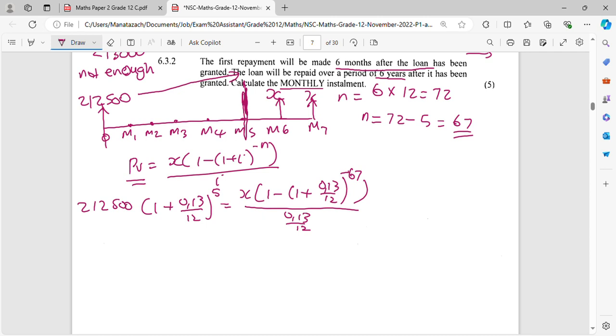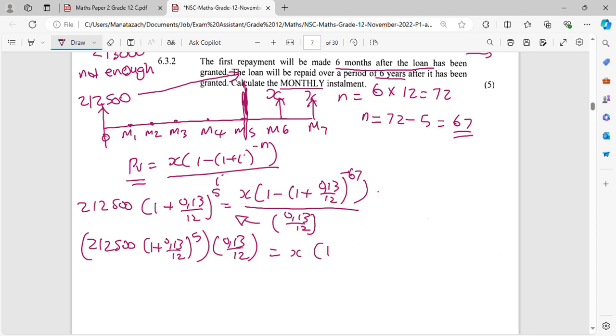So this will still be 212,500 times 1 plus... that's the thing about financial maths. I'll take this to that side, so the dividing will come over and multiply, and then this whole bracket here. Okay, I'll work it out in the very next example.